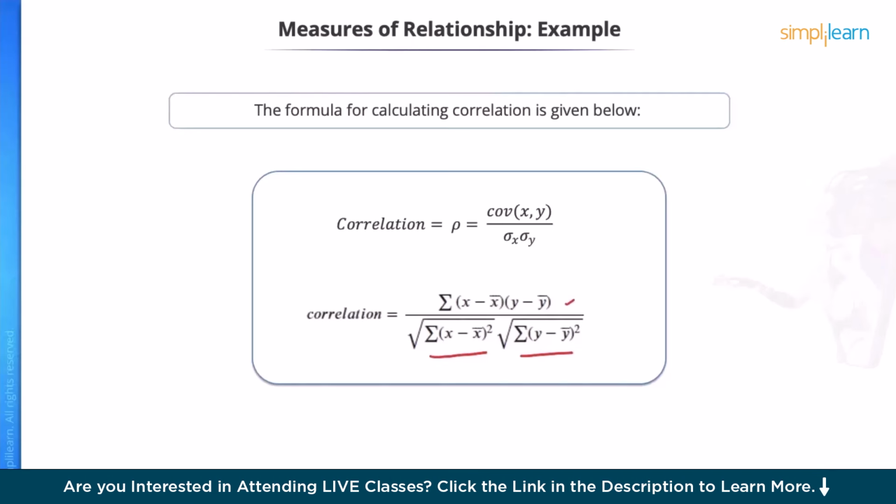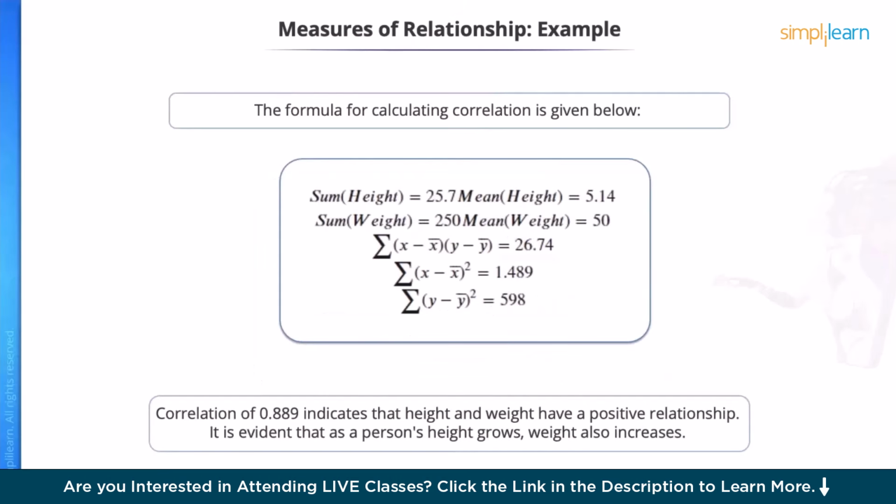Now, let's find the values to put into this formula. First, we find the overall sum of height to get the mean of height, which is 5.14. Similarly, we get the sum of weight to get the mean of weight as 50. We now get the summation over (x minus x bar) multiplied by (y minus y bar) to get the numerator for the formula.